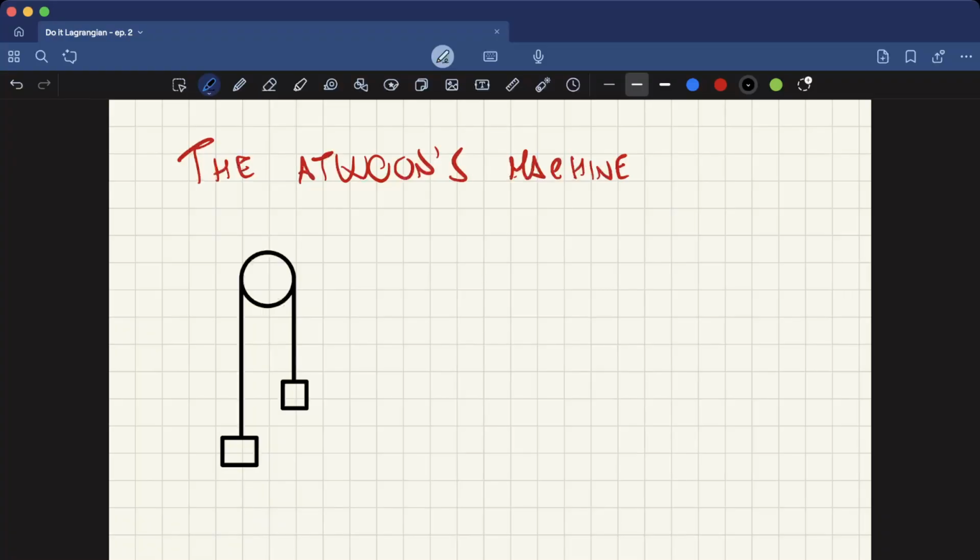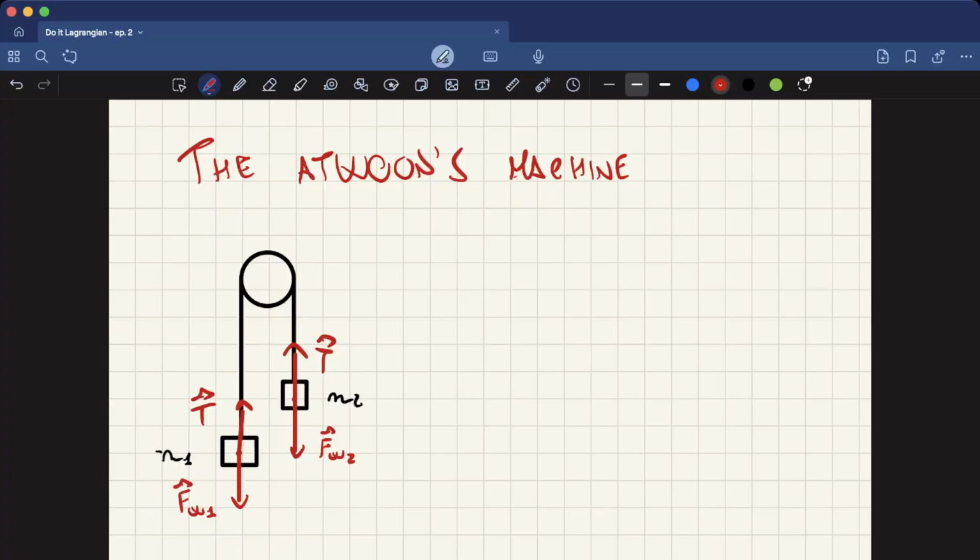Okay, so we imagine to have this pulley with two masses, M1 and M2, and we know that for each mass we have a weight force Fw1 and Fw2, and since the cord has a fixed extension, every mass is subject to the tension of the cord, which is the same for both bodies.